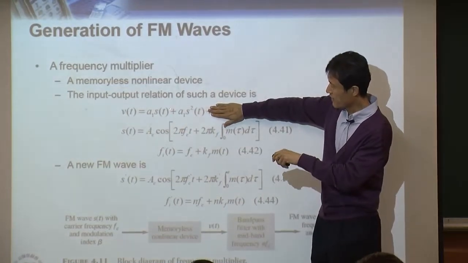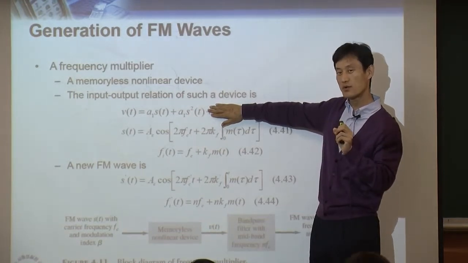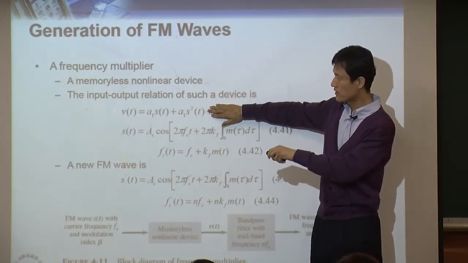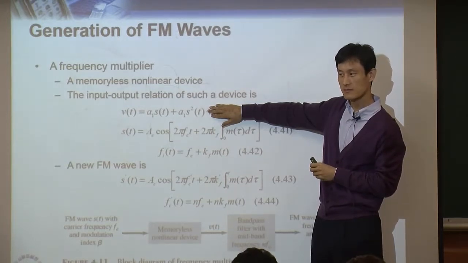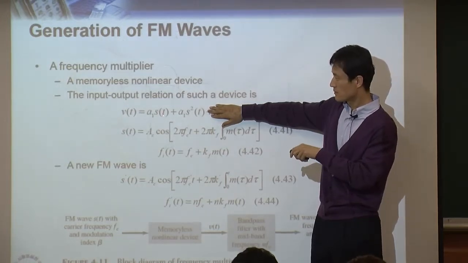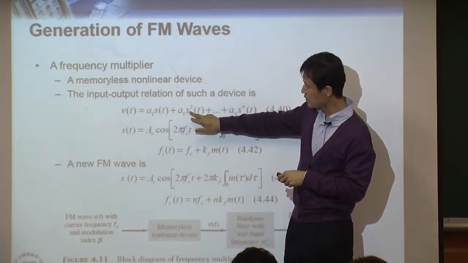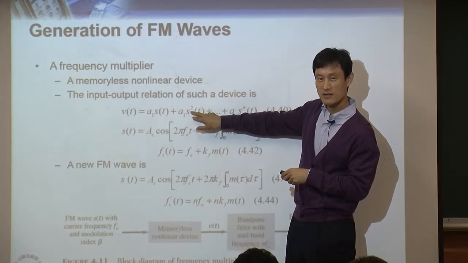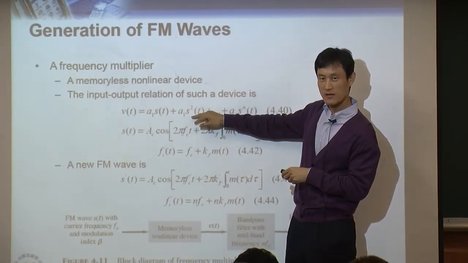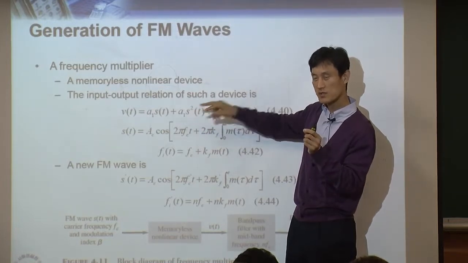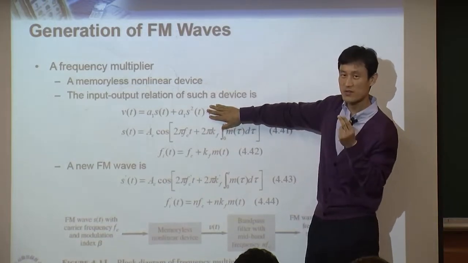Now we have a nonlinear device like this, and our input is a cosine. So what do you get at the output? It's like a cosine plus b cosine squared, right? What is cosine squared? It's 1 over 2, times 1 plus cosine of 2 times the frequency, right?